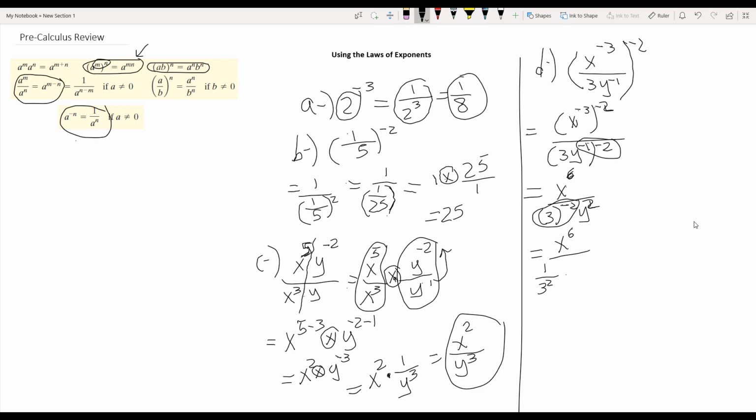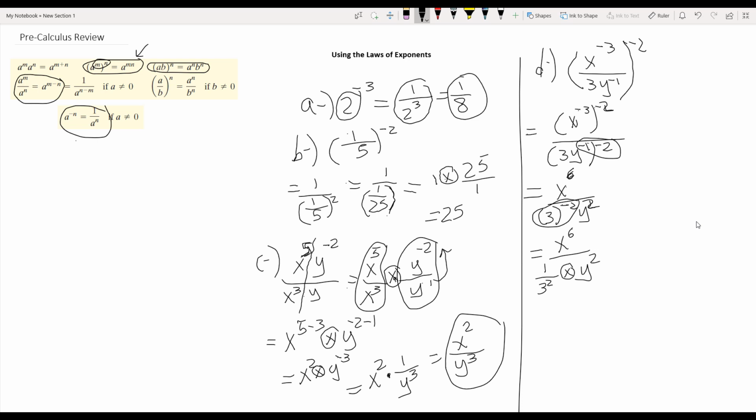times, let me use my multiplication symbol, 1 over 3 squared times y squared. You see what we did there, right? There you go. Perfect.